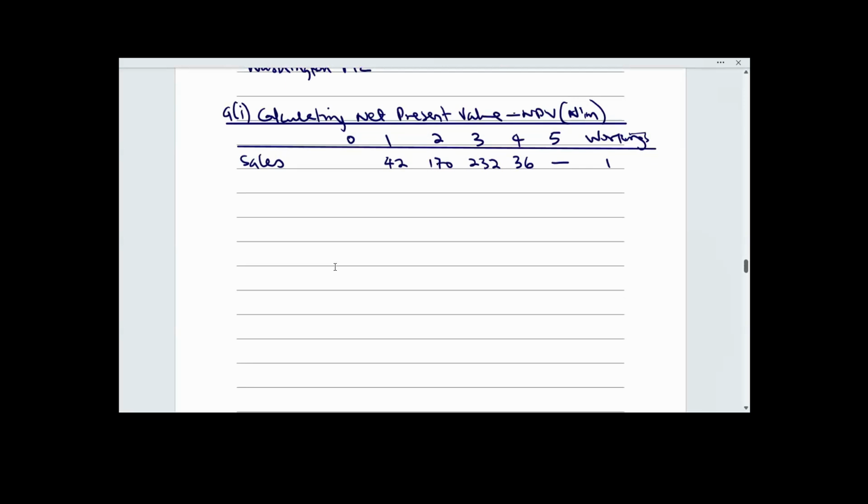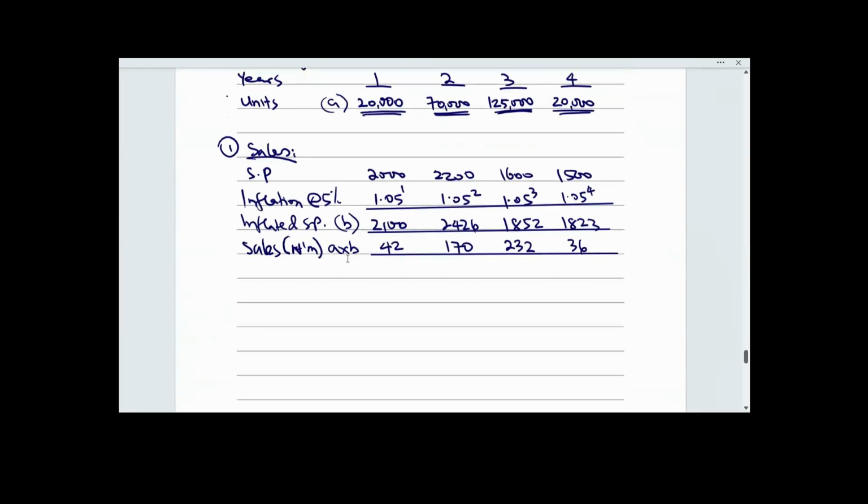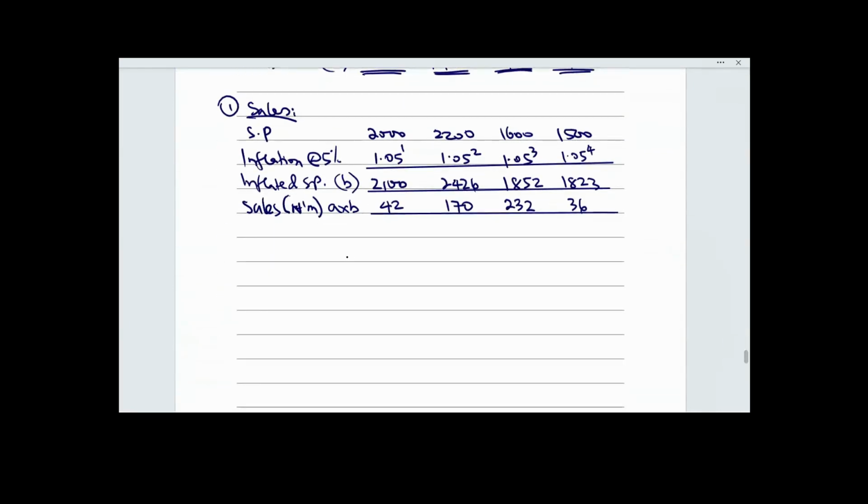Okay then. After sales value, in the question we also have variable costs, so we need to do our workings for variable costs. Working number 2, variable cost.